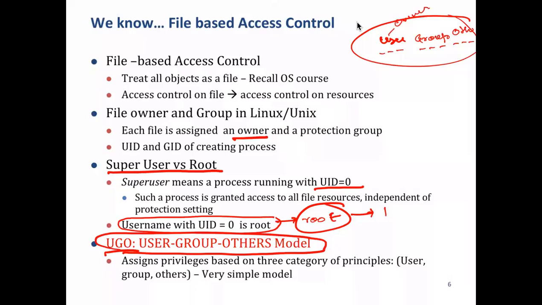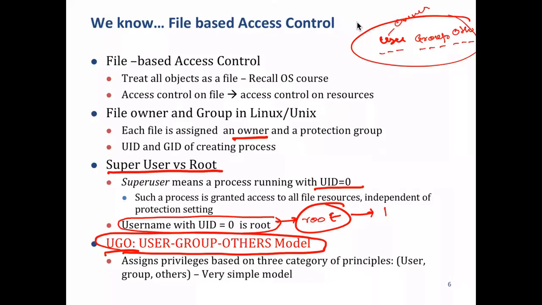Then you can define the members in, for example, your class only, who can use this. Then you define a group of say 50 students who can use this, right? So a group can be defined. Now the group may want to write into the file, but you may not want any user to write into the file. Then you say that the group permission is only for reading, and so on. And for all other students, you don't want to give any permission.